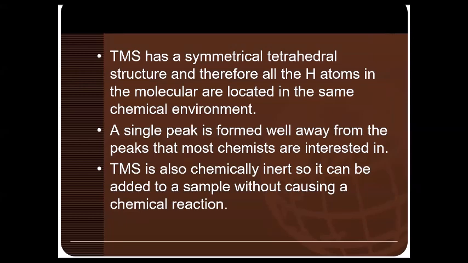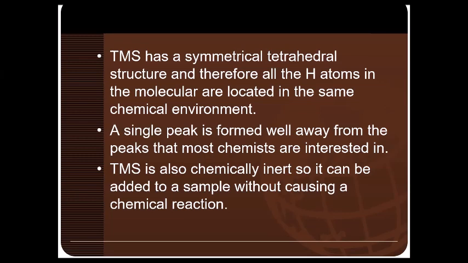It's not part of the molecule that you're analyzing, that you're trying to figure out what the heck it is. This TMS produces a single small peak on the NMR diagram, and it is used as a reference point, usually at 0 parts per million, which means 0 chemical shift on the diagram.